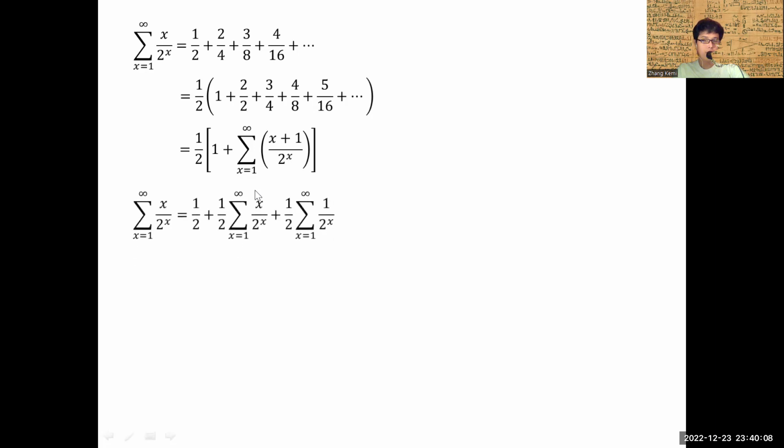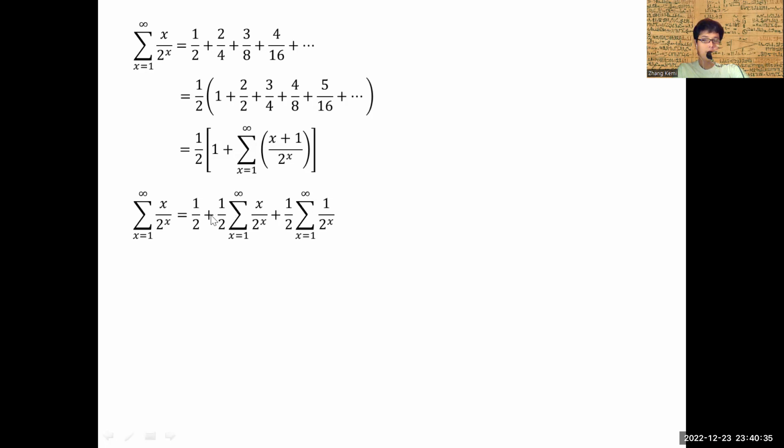Now, at this point, I can write out the equation. On the left-hand side is what we are trying to find. On the right-hand side, we have half. If I expand this back in, I have half multiplied by 1, which gives us half, plus half of, if I separate out this fraction, x over 2 to the power of x and 1 over 2 to the power of x.